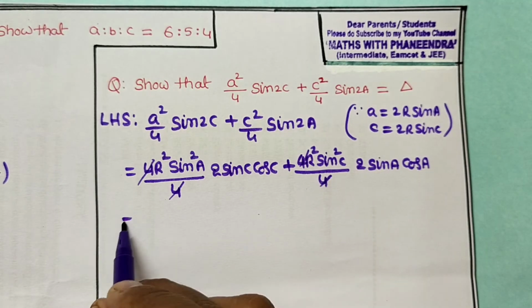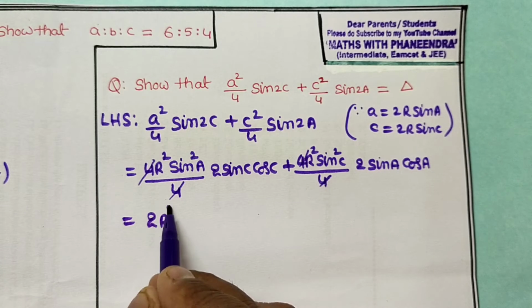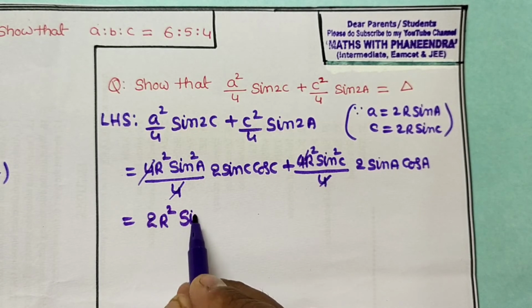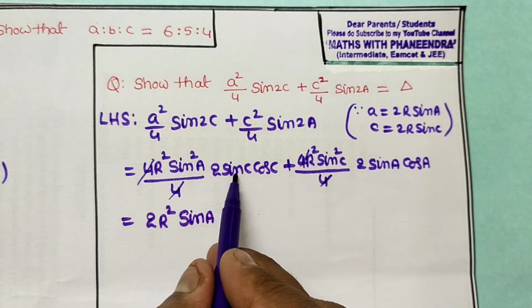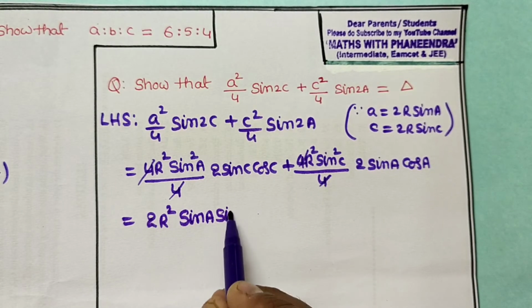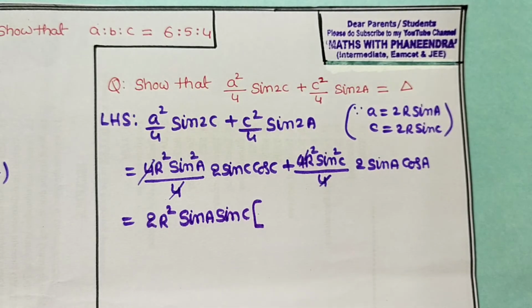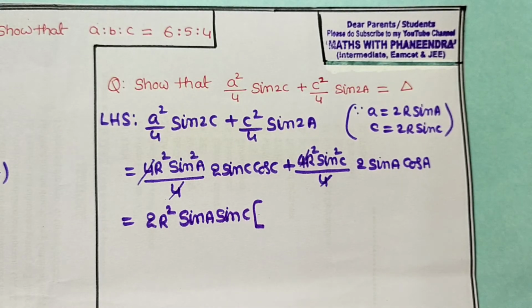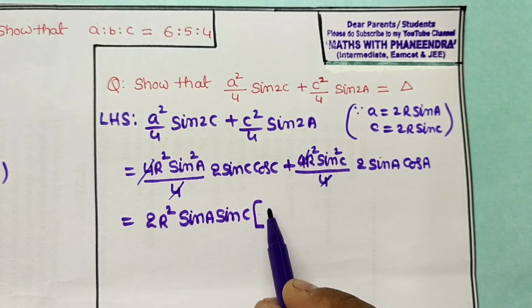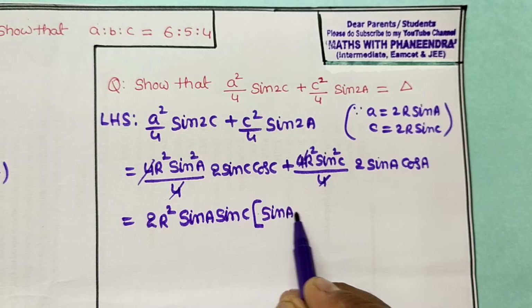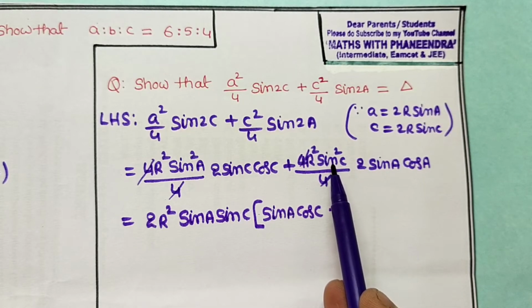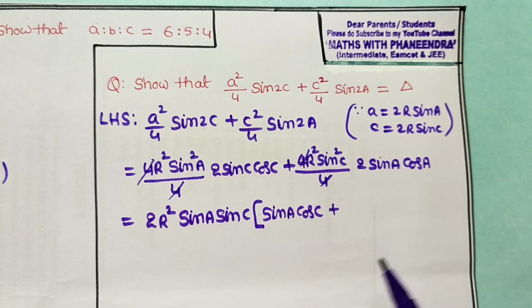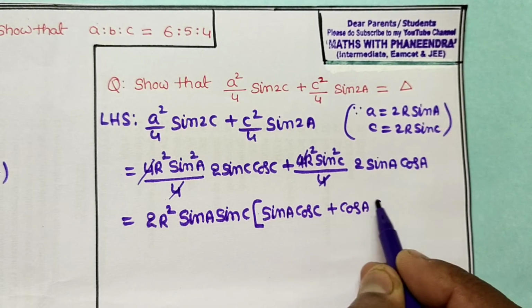So we can take common 2R square sin A sin C. The rest of the terms, if you take common sin A sin C, the remaining here is sin A and cos C, plus sin A and sin C is over, so remaining sin C and cos A.